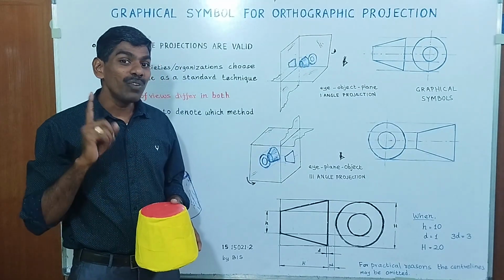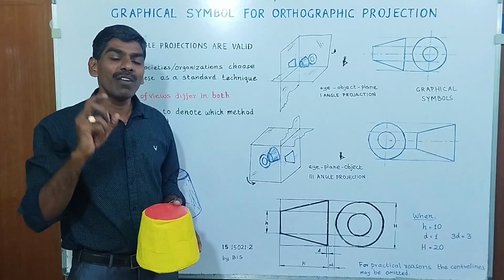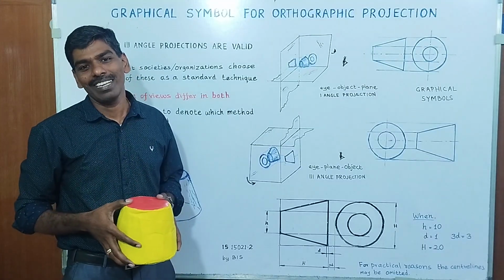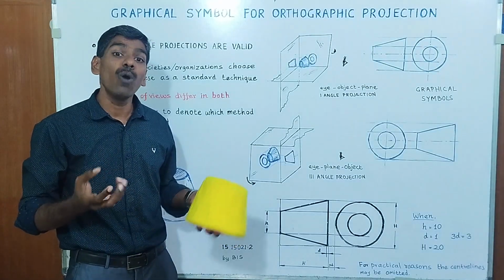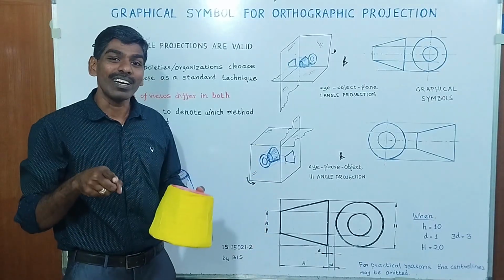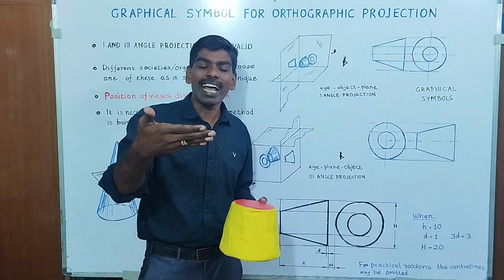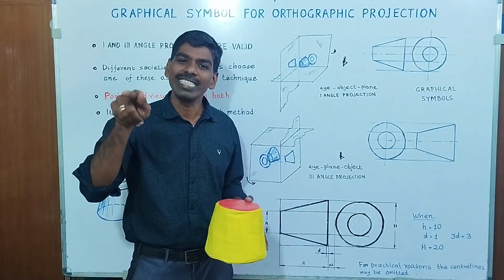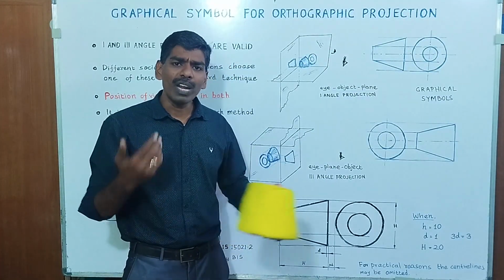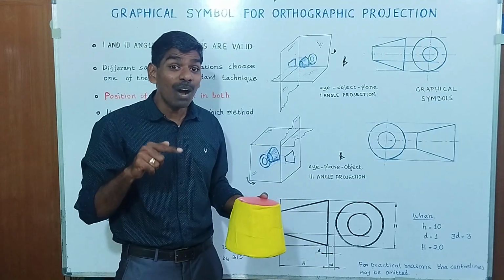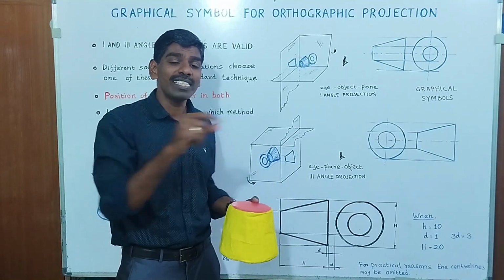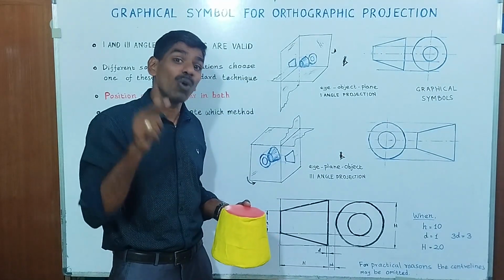So now we remember the symbol for orthographic projection: how we created it, how we got it. From here on, we will be able to understand the diagram by looking at the symbol given over there. Else, whenever we create something, we have to use one of these symbols based on the technique we use.